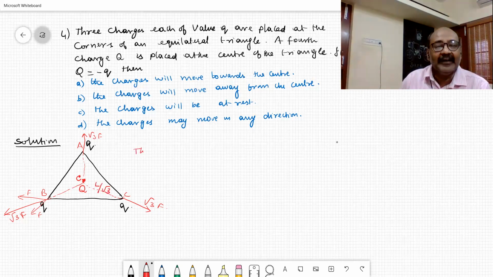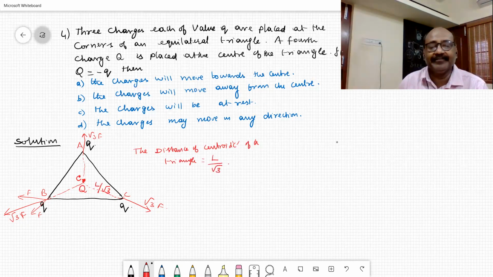So I can write the distance of centroid C of the triangle is given by the formula L divided by root 3.